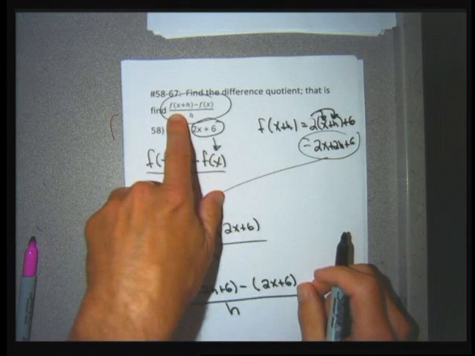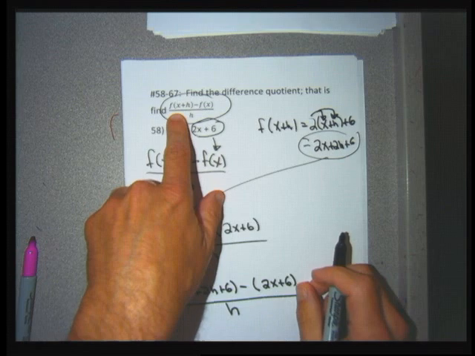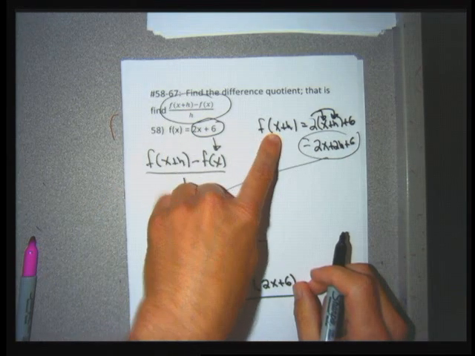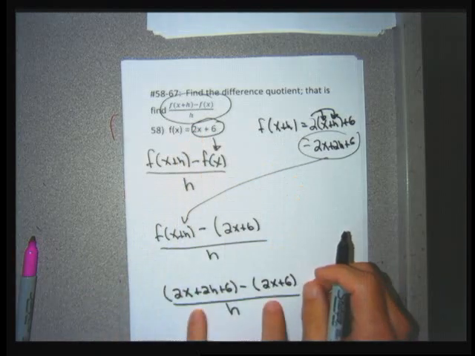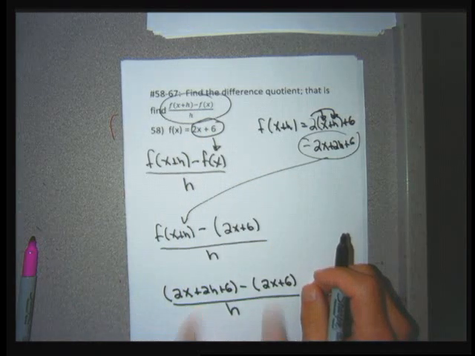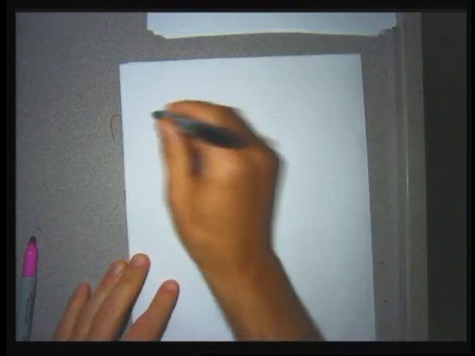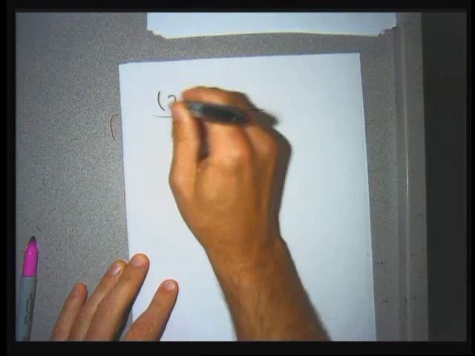The first f in the numerator I want to get rid of, and in order to know what f of x plus h is, I need to change the x to x plus h. Now I can write the entire numerator without f's, and this is my goal, to get the numerator written without f's and then to simplify.